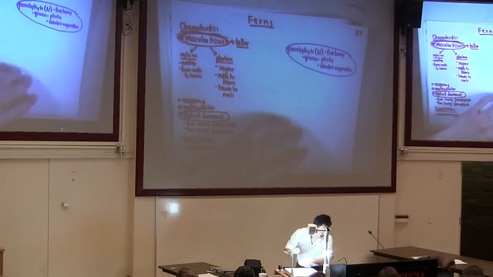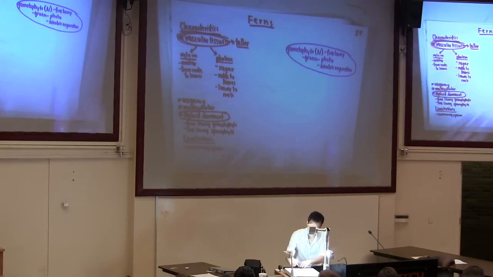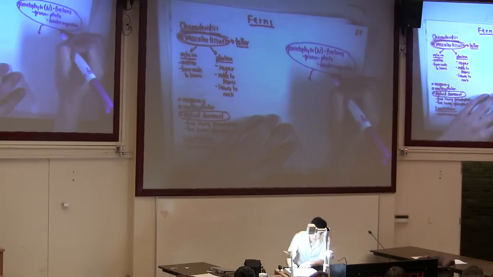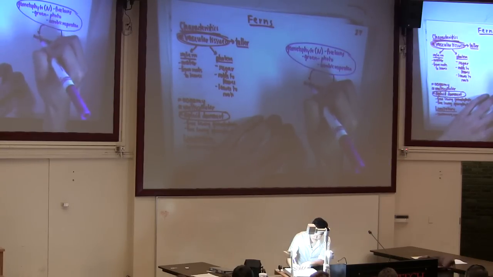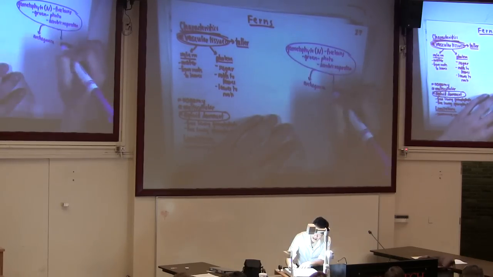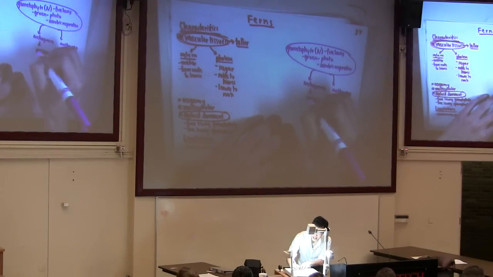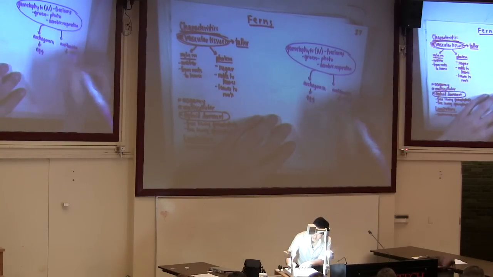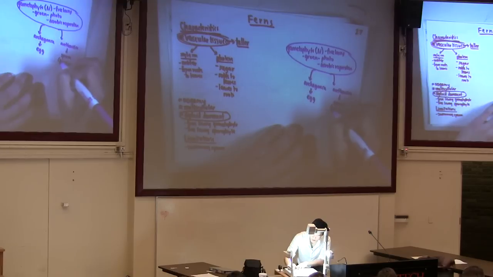So that's the gametophyte. The gametophytes produce what? Archegonia and antheridia. Archegonia produces the egg. Antheridia produces the sperm. Right, and again, it's swimming sperm.